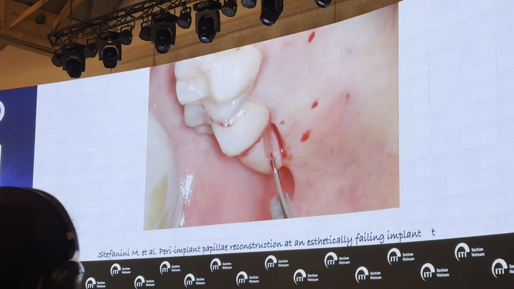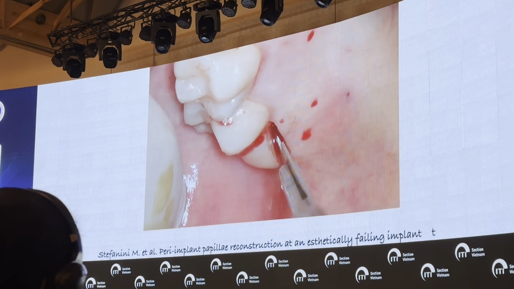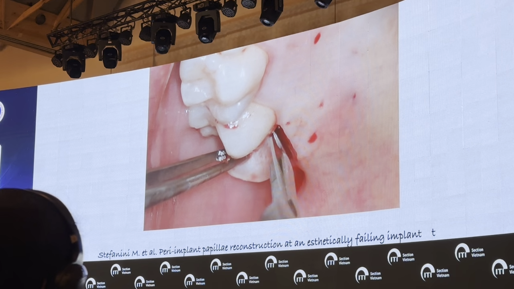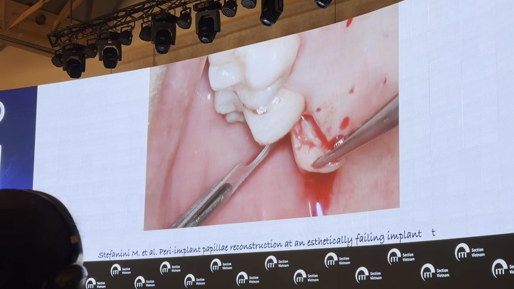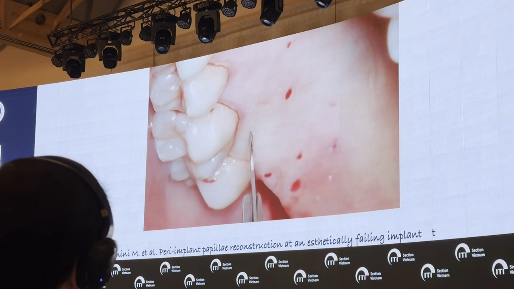Now we go on the palate, and I'm going to harvest some connective tissue graft with the previous surgical technique, the free gingival graft and desepithelialization, and also, in that specific case, connective tissue graft that derives from the tuberosity.